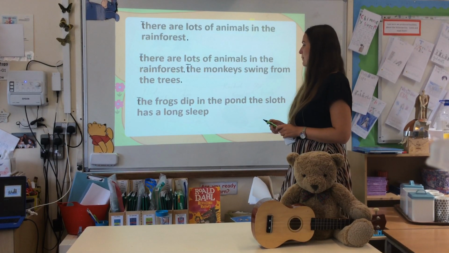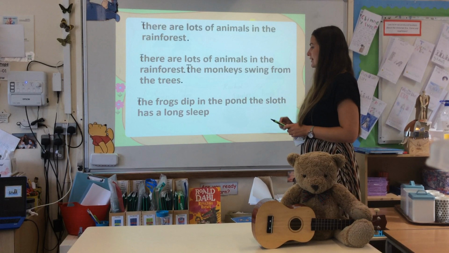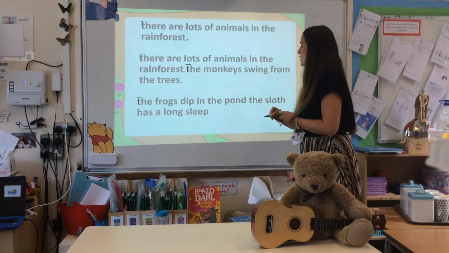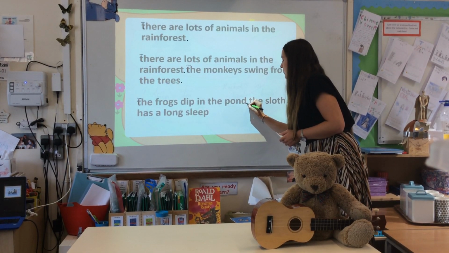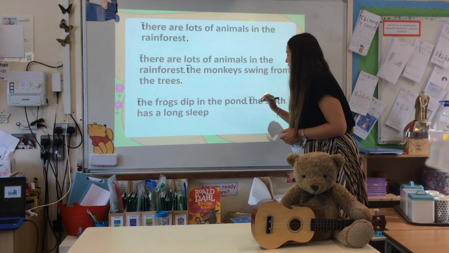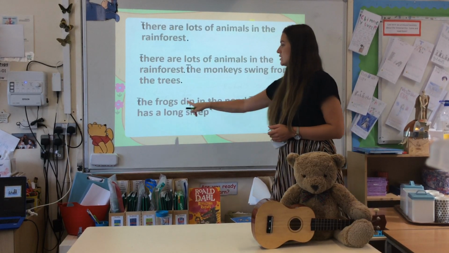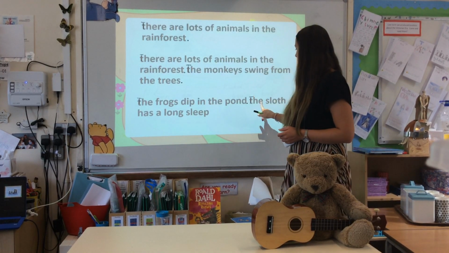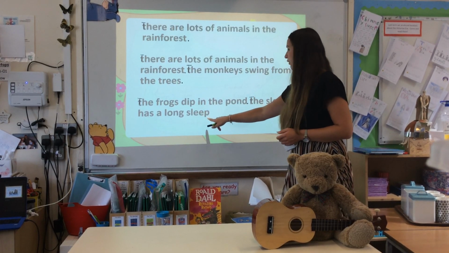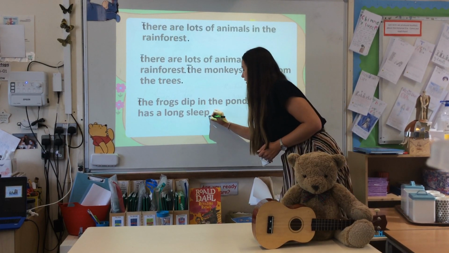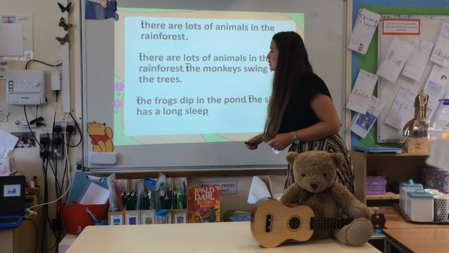The frogs dip in the pond, the sloth has a long sleep. I'm going to put my full stop after pond because then we now talk about the sloth. So the first part was about the frogs, the second part is about the sloth. And then I need to make sure at the end that I put a full stop.